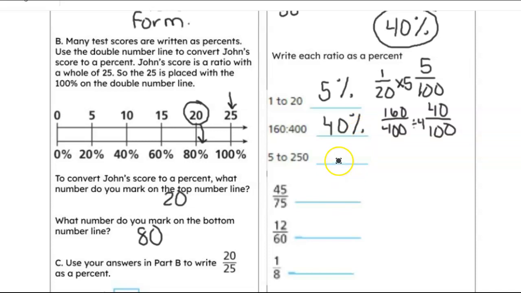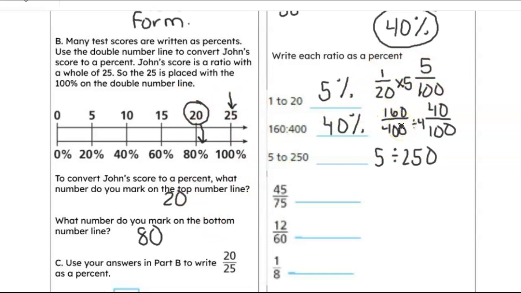Next one, this is going to be a pretty small one. It's 5 over 250. On this one, I'm going to do the decimal way. So I'm going to do 5 divided by 250. Now, you can choose whichever way that you want to do it. If you don't like setting them up like these fractions I had right here, you could just have taken 1 divided by 20.